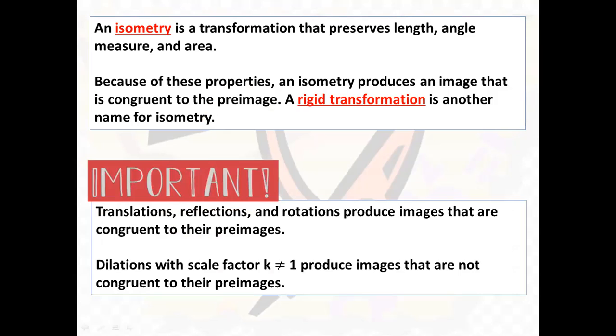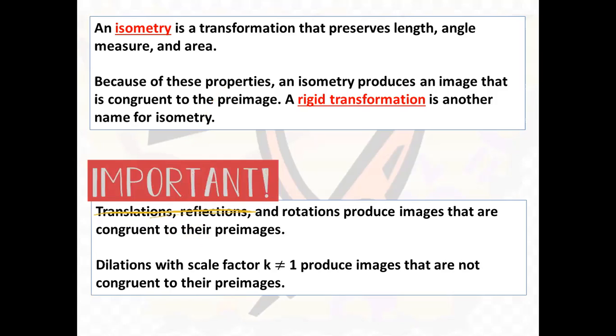Now, more important than that is this. You need to remember if you do translation or rotation or reflection, the pre-image will be congruent to its image, meaning they will be equal to their image. The three transformations, which are translation, reflection, and rotation: if you apply any of these, the pre-image will be the same as the image, except for dilation.